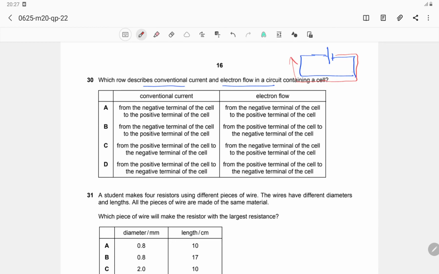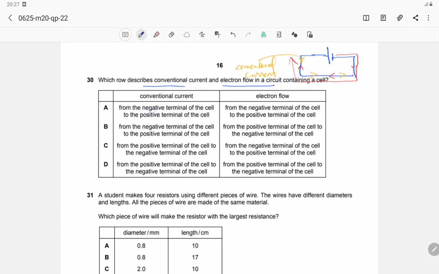This is the direction of the flow of electrons. And for conventional current flow, we consider the opposite of the flow of electrons. So the direction of the conventional current will be opposite to the flow of electrons. It will always be from the positive terminal of the battery to the negative terminal of the battery.